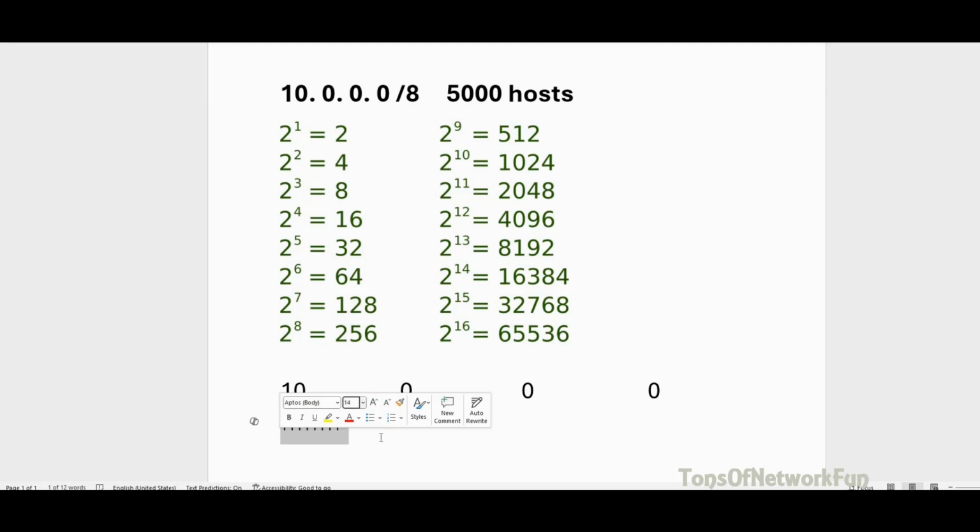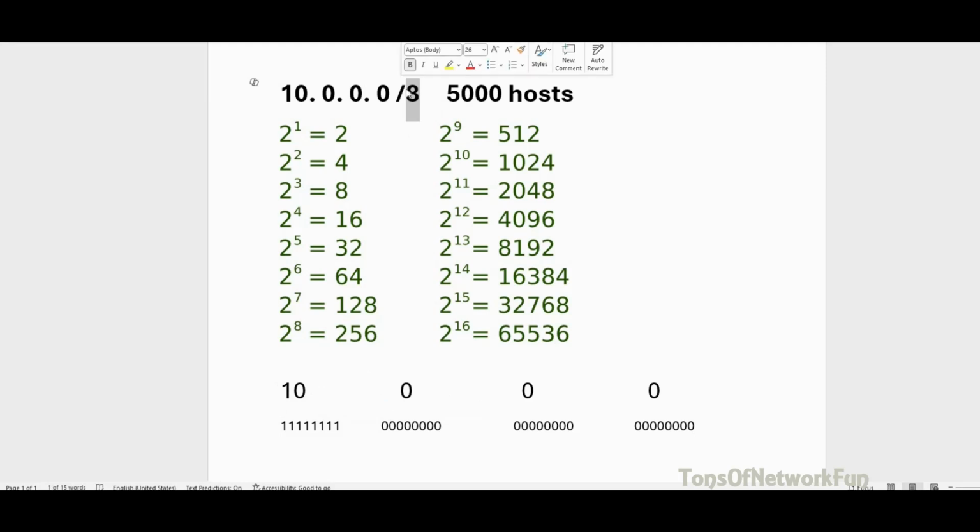And I put 8 zeros here, 8 zeros here, and 8 zeros here. So this 8 ones is representing this 8. This is the slash value, or the network bits.